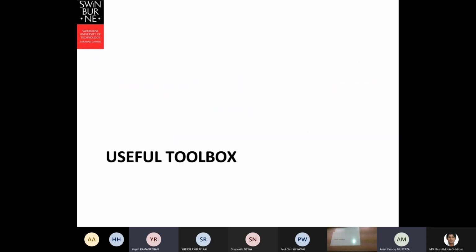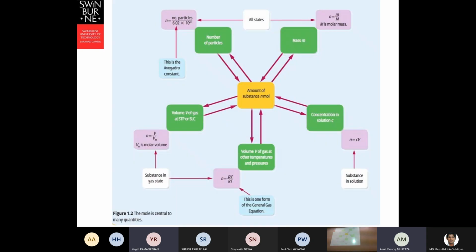Okay, so there is a useful toolbox. You can think of it and try to relate how each is related to one another, how it can be found from one another, right? Later on you can try to find the connection between them, or if you want to establish a connection from here to there, it is better if you can.